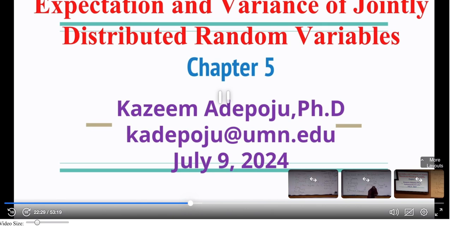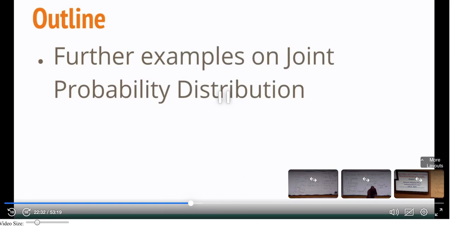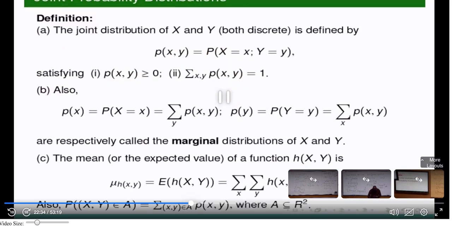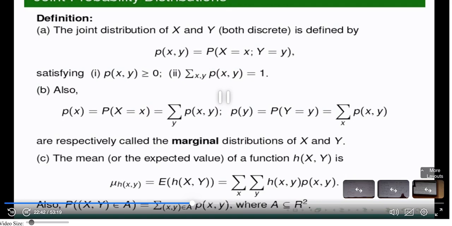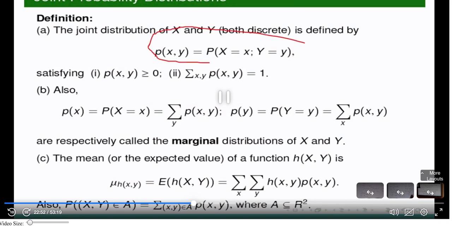Now, please, I need you to pay attention. This is what I've walked you through: revisiting your knowledge of the situation where I'm dealing with X and Y, and they are both discrete, and of course, the probability of the joint occurrence of them is going to be this.